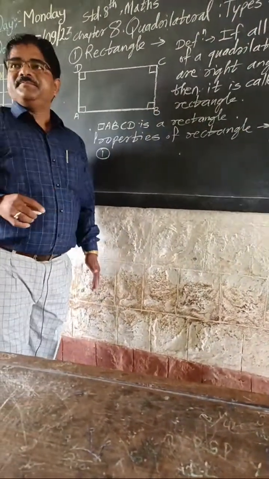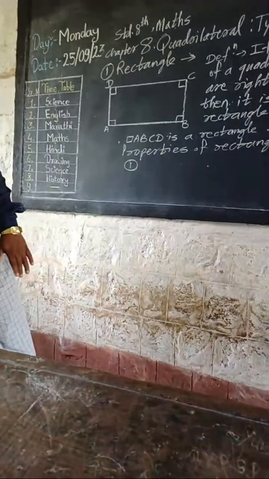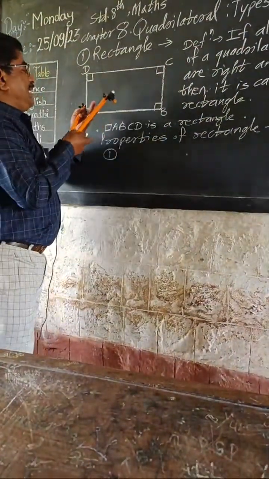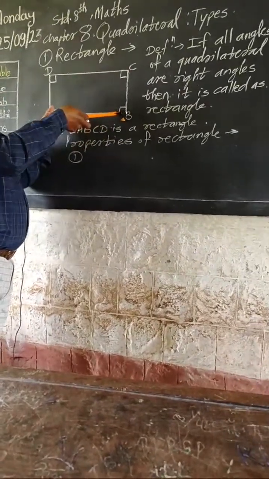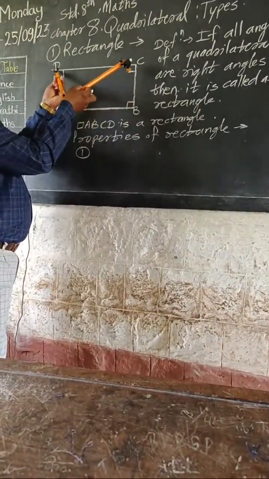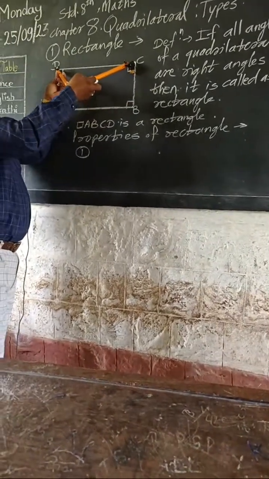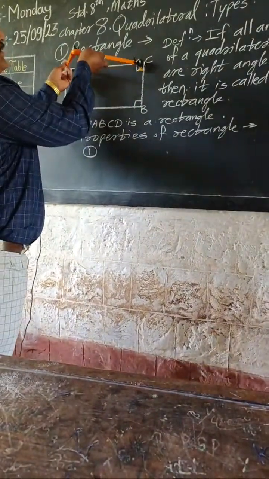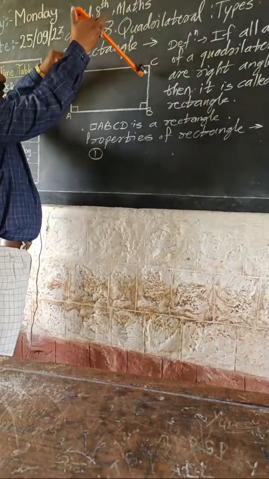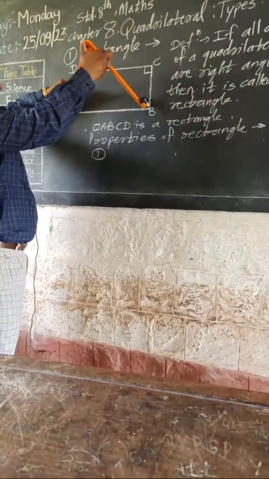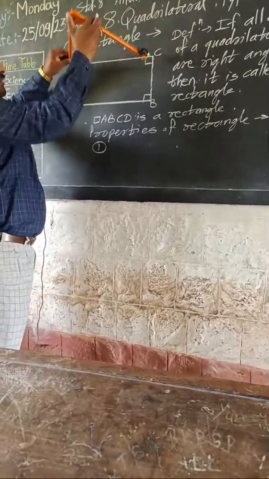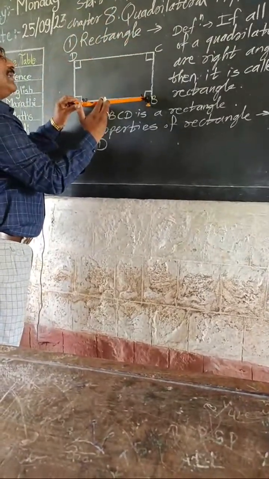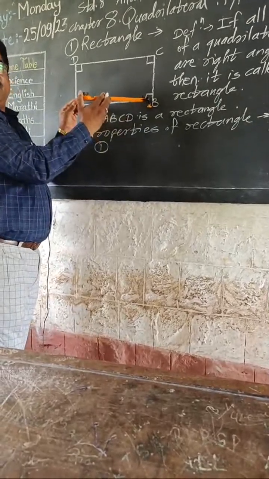First property: measure the lengths of sides. Here, length of side AB and length of side DC. These two lengths are, what we say, congruent. These sides are congruent.